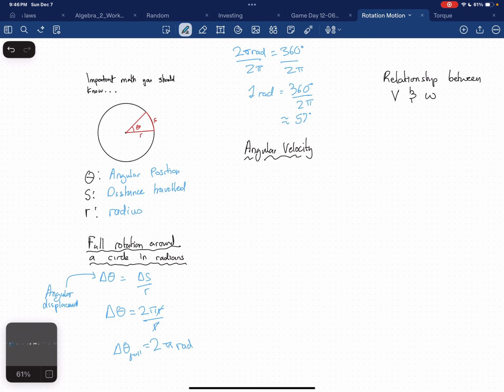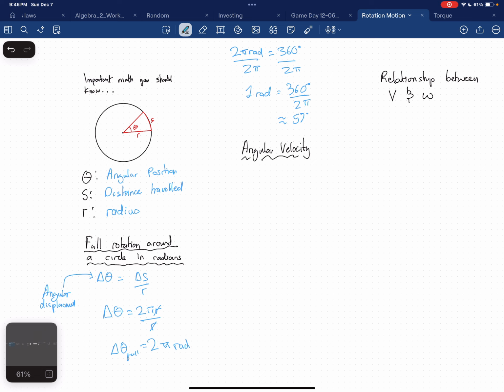Now we can talk about angular velocity. Linear velocity is displacement over time. Angular velocity is the same thing. Omega is equal to delta theta over delta t, the angular displacement over the total time it's taken. And there's another way we can write this. I can calculate omega using the total period needed for one full revolution, one full lap around the circle.